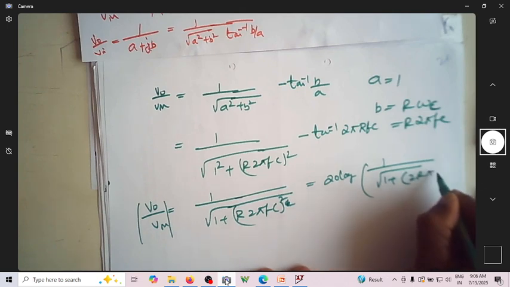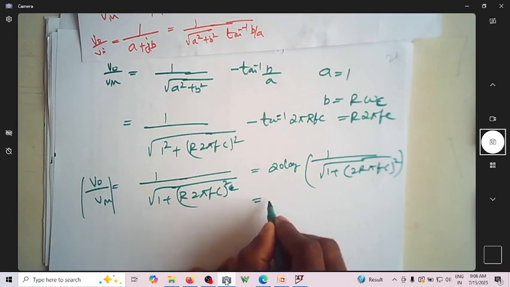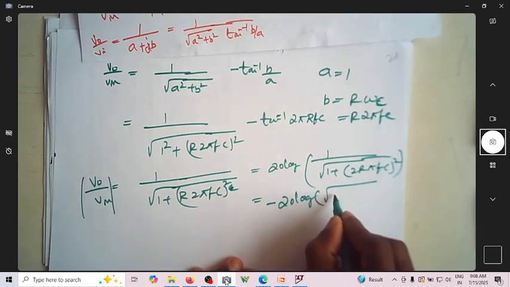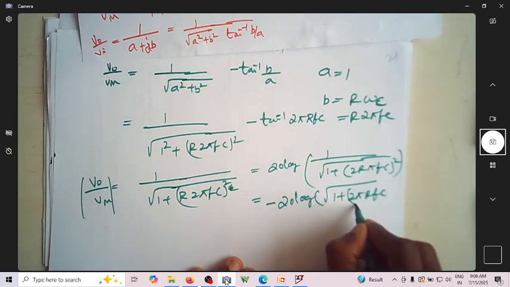Since it is in the denominator, you can take it to the numerator, then this becomes minus 20 log of the square root of 1 plus (2 pi R f C) whole square.